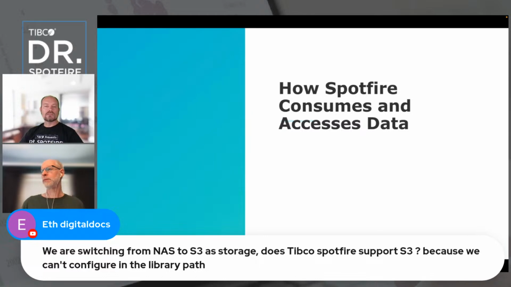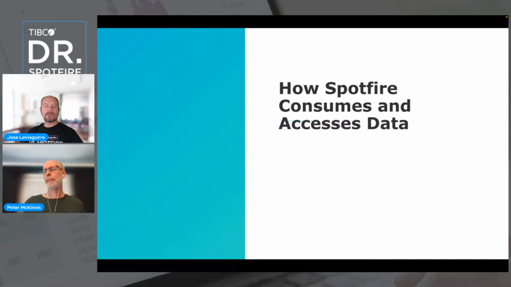I'm not sure if that's the storage you're talking about, or if you're talking about data access. There's the Spotfire library that you can store on S3, and there's also something like an Excel file or a CSV file that you want to link to, and that may be what you're talking about. I don't think we have a direct connection to S3 right now from Spotfire.